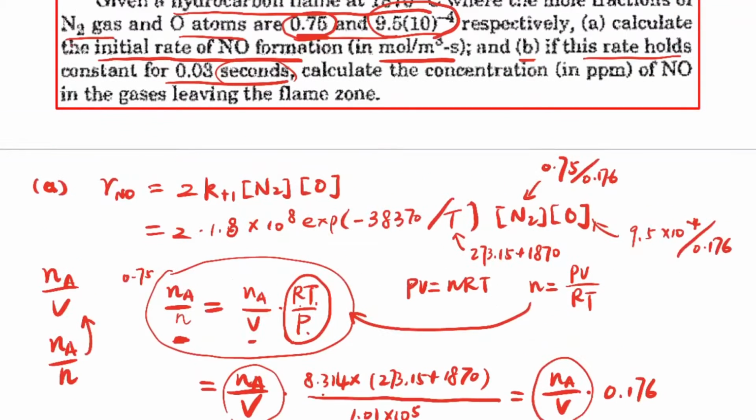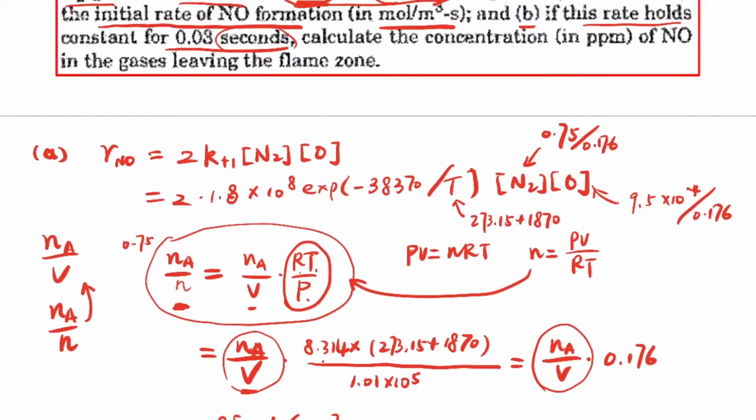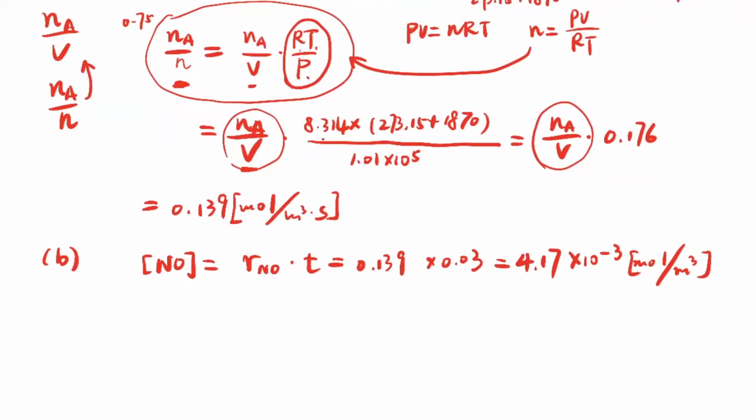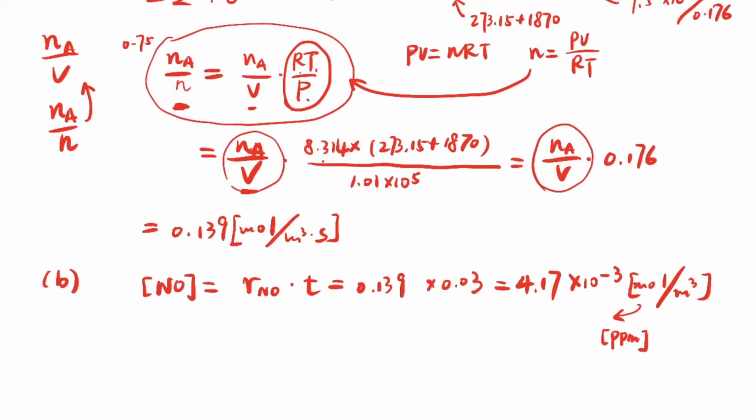And this question asks us for the concentration in ppm, okay? So we need to further convert this absolute concentration into ppm, or the partial pressure, or the molar fraction. The way we do that is just multiply this number by 0.176.